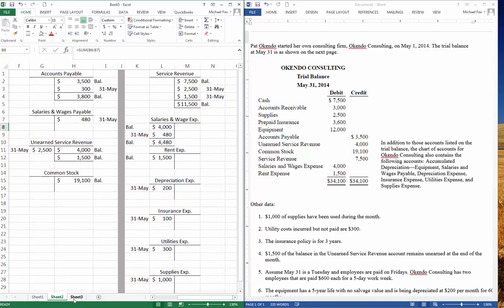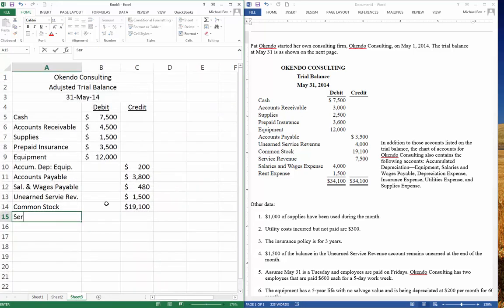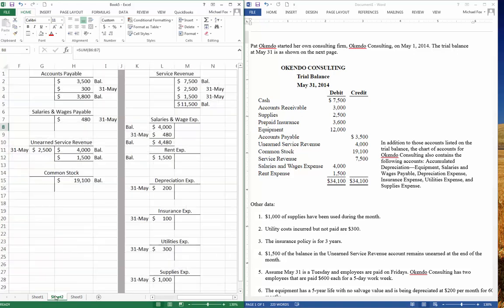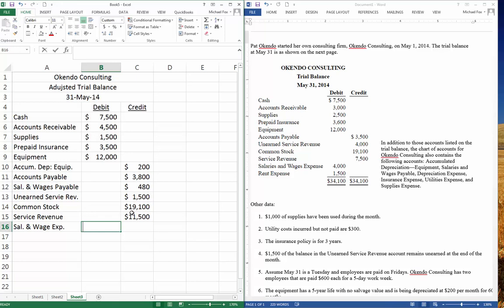Service revenue, 11,500. Salary and wage expense, $4,480 debit. Rent expense, 1,500 debit.